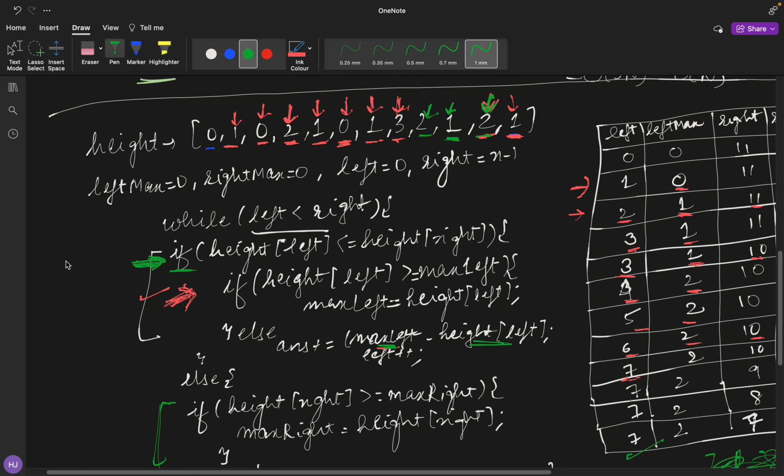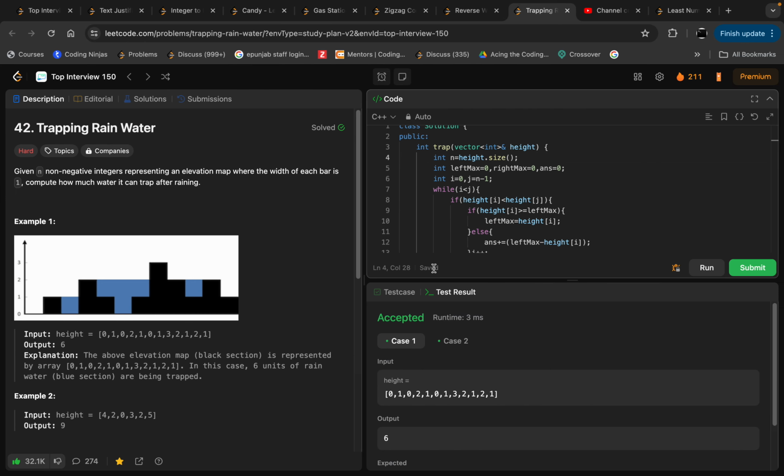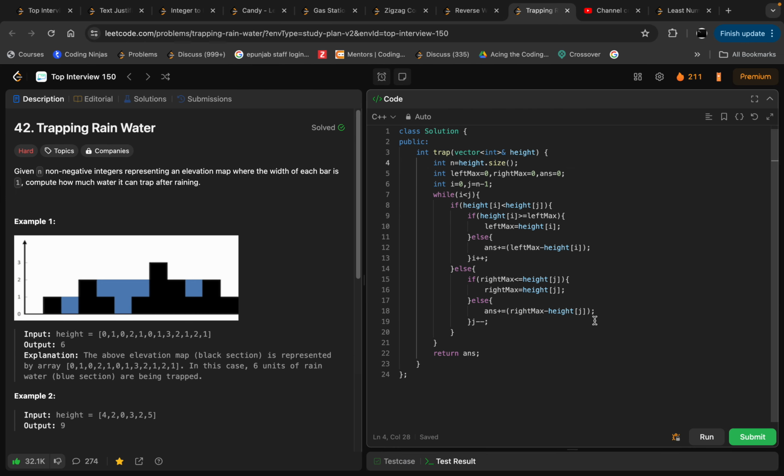And the time complexity for this algorithm is O of n, and the space complexity is O of 1, and this is the most optimal solution that you can discuss with the interviewer. So now it's time to discuss the code for the same, and the code is exactly the same as my algorithm.